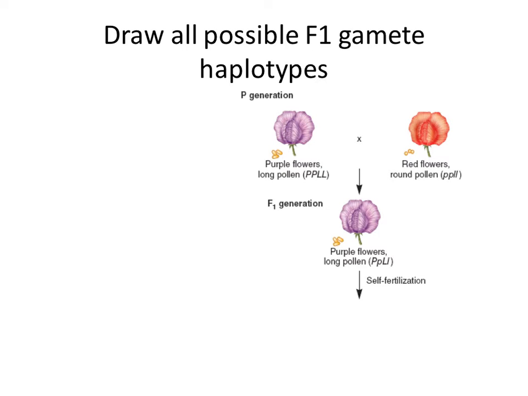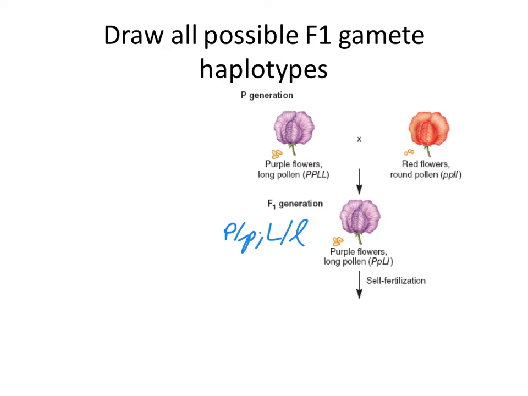So what are the haplotypes that this F1 individual produces? Big P over little p, semicolon, big L over little l. So 2 genes, one that controls flower color, one that controls pollen shape. They're on separate chromosomes, so they should independently assort.